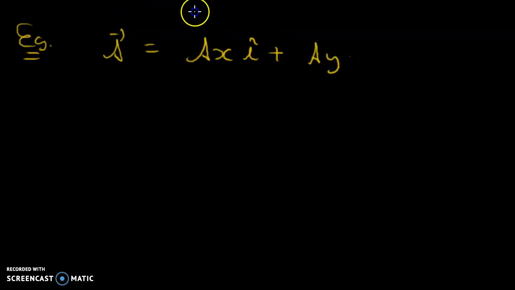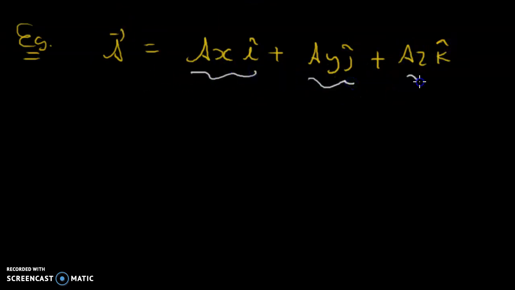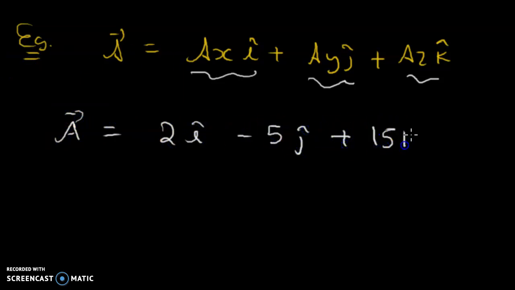I can represent any vector, say, in this form: ax i cap plus ay j cap plus az k cap. So this is ax, this is ay, this is az. Say there is a vector a represented by 2i cap minus 5j cap plus 15k cap.